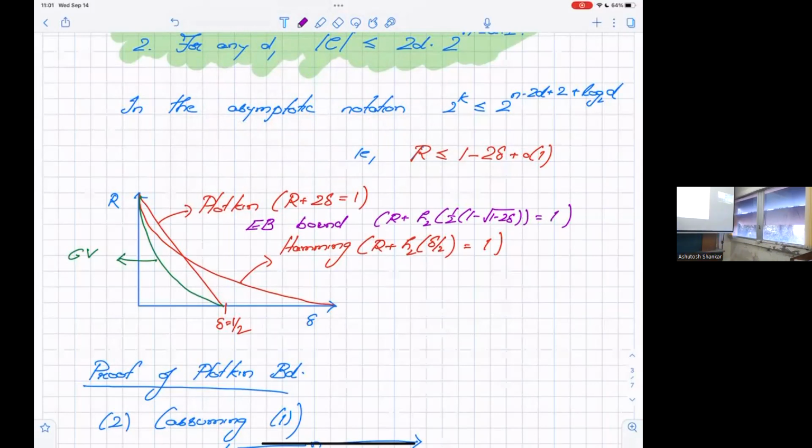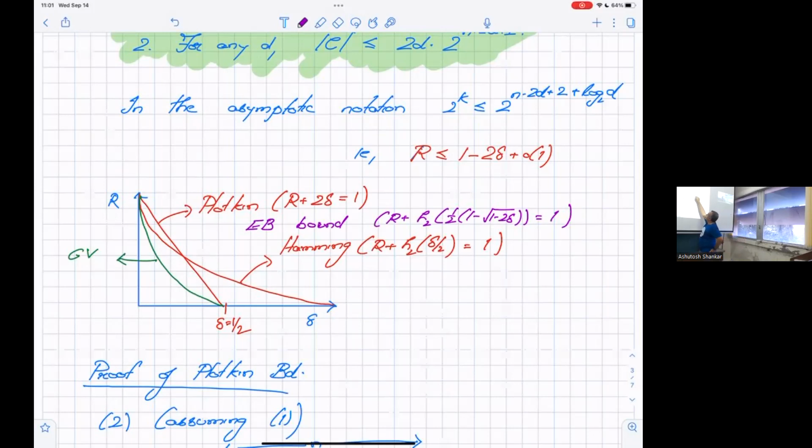One thing which you have seen is it is always below the Hamming curve. I want to ask how it compares to the Plotkin curve. Let's look at the two extreme points, because that's a straight line. Firstly, you should see if this is a convex thing. If it's convex and it intersects the Plotkin bound at the two intercepts, then it has to be below the line.